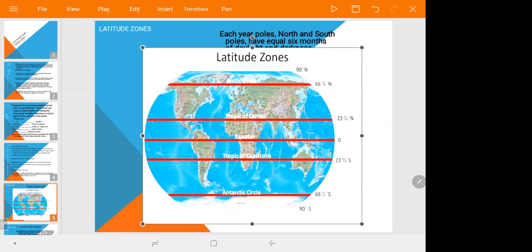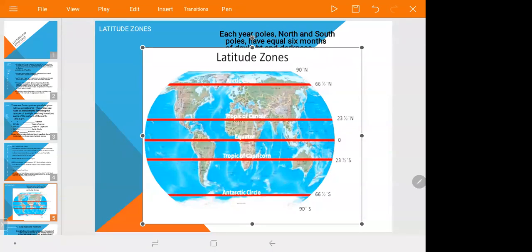Low latitude zone. And in between 23 and 66, north and south, you have middle latitude. Then from 66 to 90 north, 66 to 90 south, you have which one? High latitude, yes? In the polar zone or frigid zone, you have slanting rays, so it is very cold. And over here, you have moderate, and this zone, very hot.